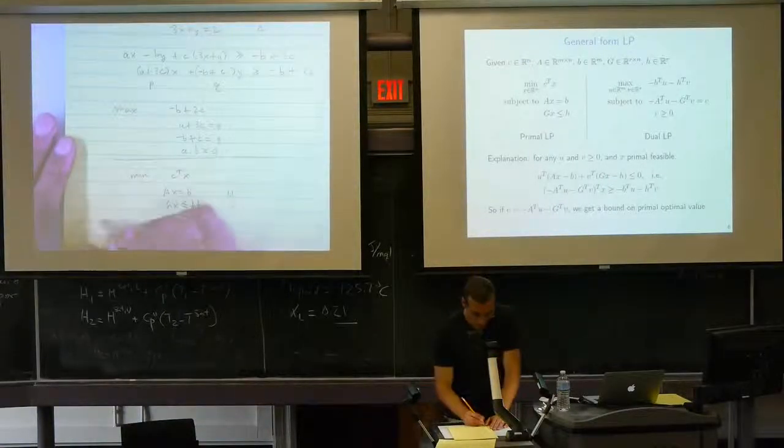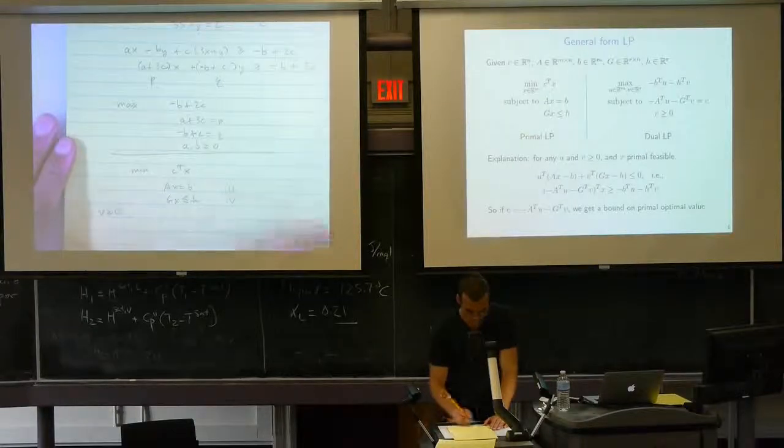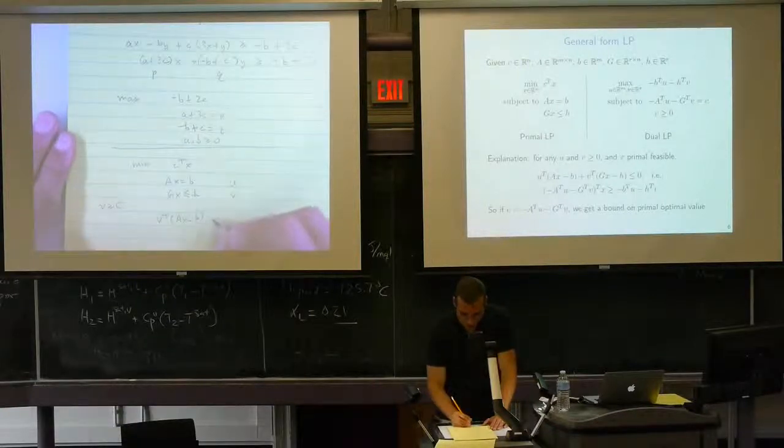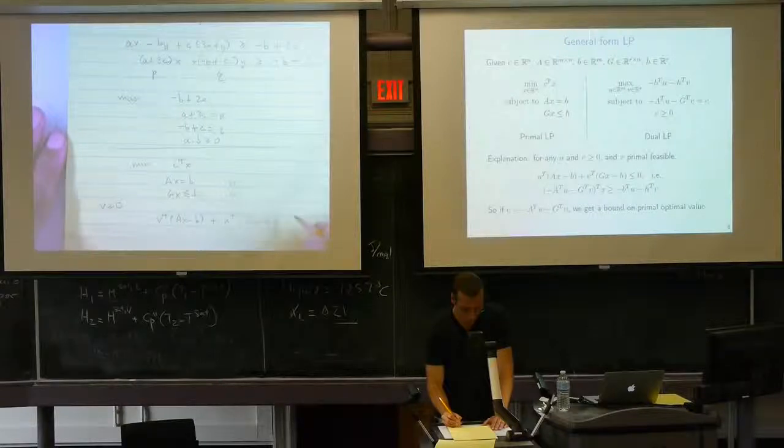So as long as v is component-wise non-negative, if I take u transpose (Ax minus b), and I add to that v transpose (Gx minus h), this has to be less than or equal to 0.